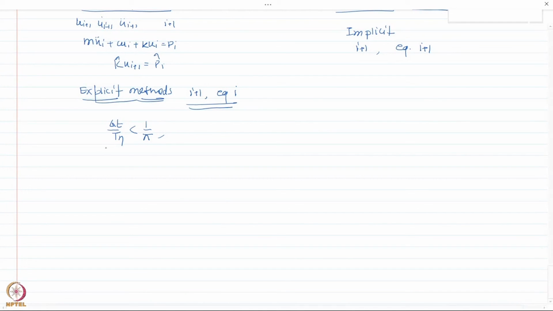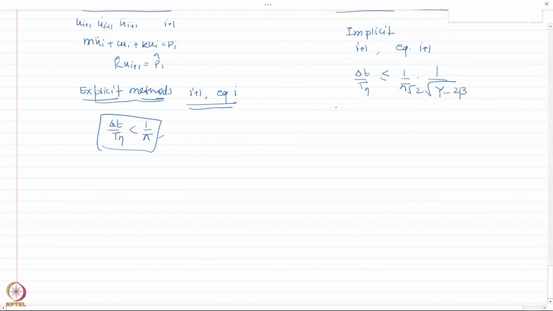But finally we get this condition for stability. Newmark method is stable if delta t by Tn is less than or equal to 1 by pi root 2 times gamma minus 2 beta. If this condition is satisfied, then my Newmark method is stable.